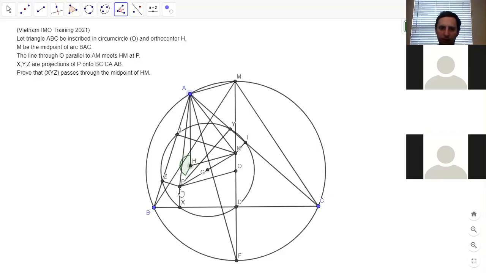I think they're the same, because they're in the opposite direction, that's why. Good point. AHK is similar to AOP prime, yes.